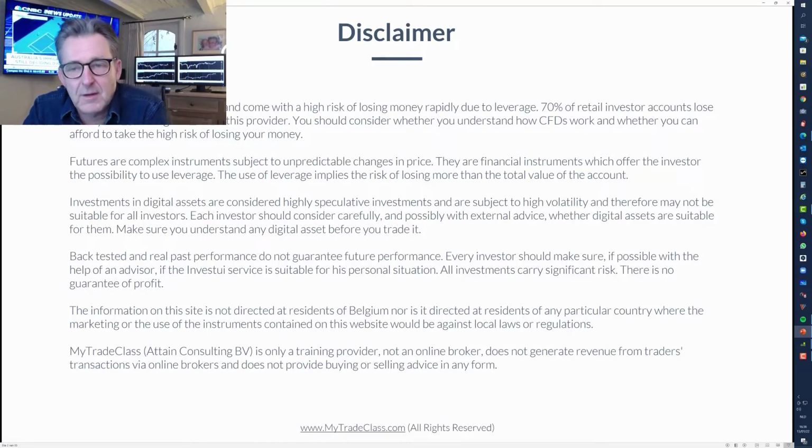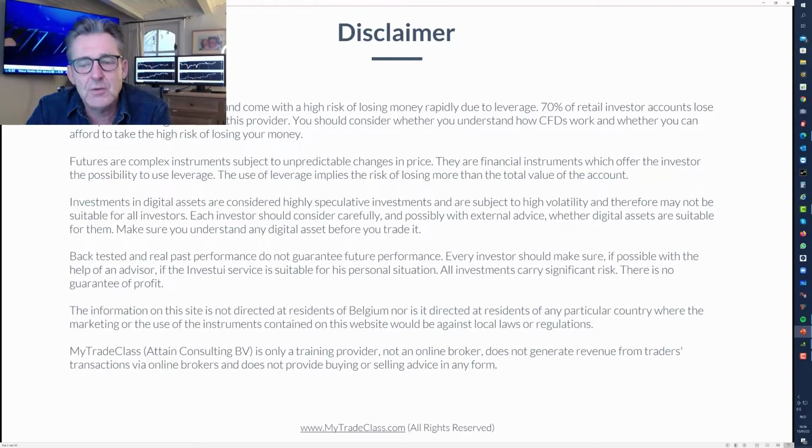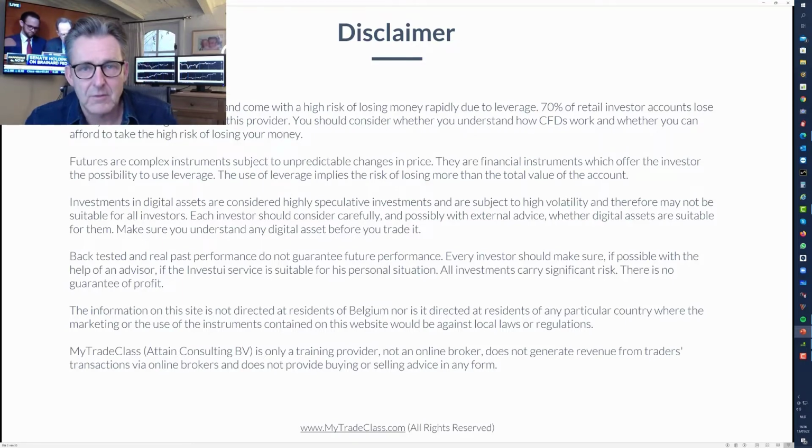So please study this very carefully, know your products, test all these things in demo accounts, which is something we can do these days, so that's a bonus. I would say use this time, do it step by step before putting real money on the market.